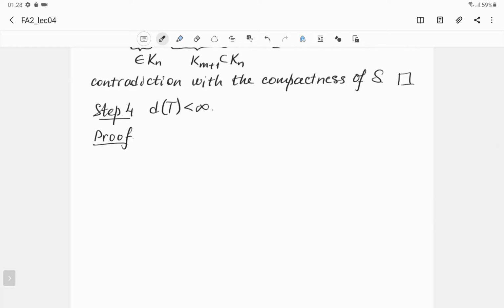Well, indeed, we already know that if we take the dual operator T star, it is also of the form 1 plus a compact operator, so it has finite ascent. We already know that the ascent of T star is finite.